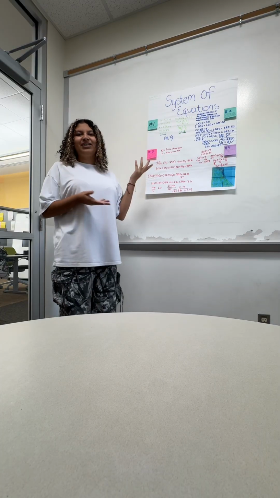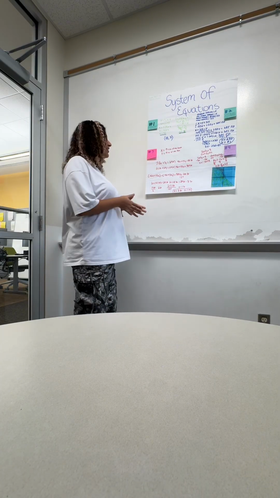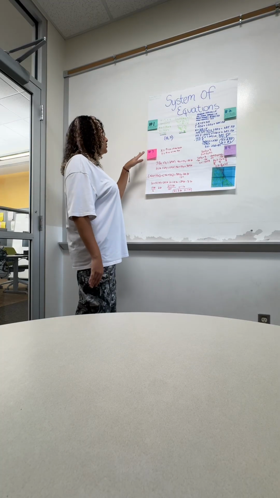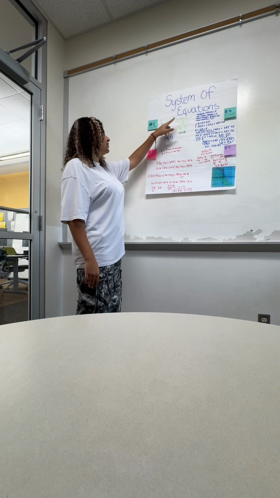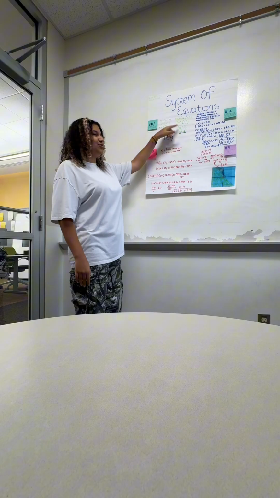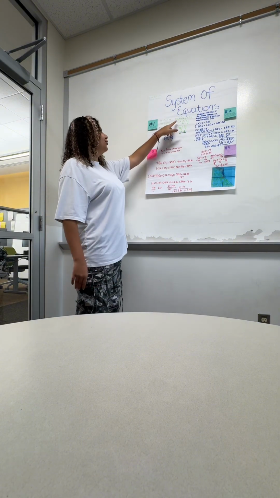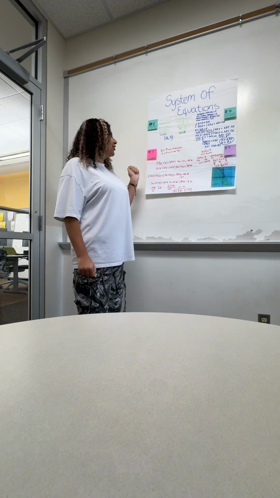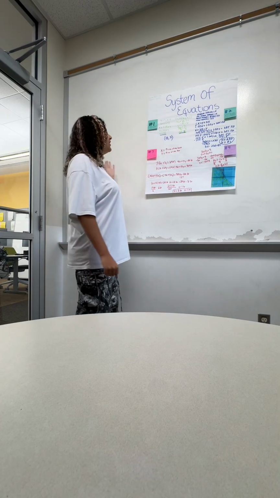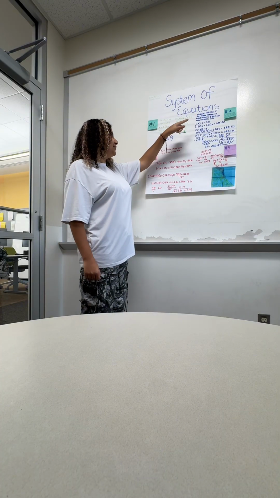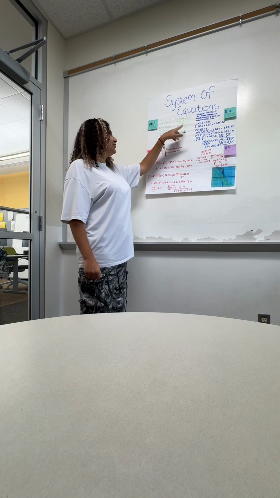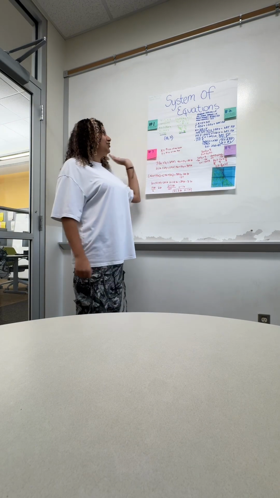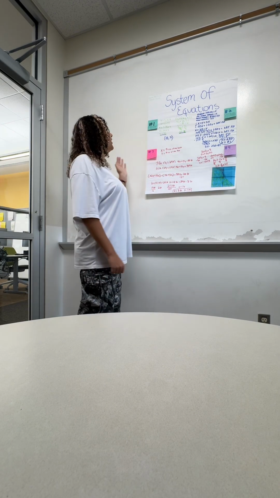So then after that, you just gotta use the substitution method and substitute x equals 2y plus 4 into x plus y equals 25, which would be 2y plus 4 plus y equals 25. And then you combine like terms, which would be 3y plus 4 equals 25. And then you just have to cancel out the 4.